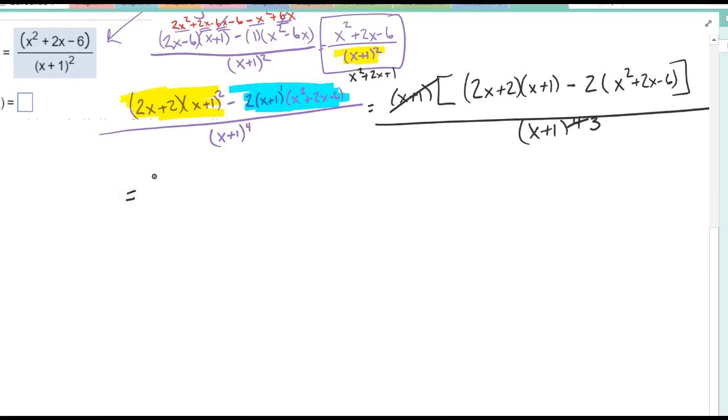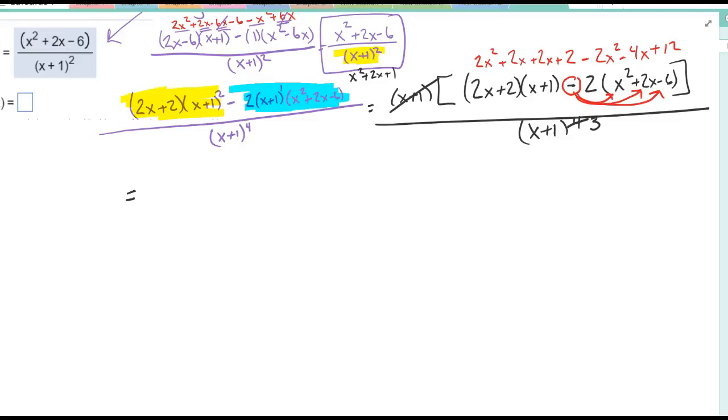So then expanding out some things, 2x squared plus 2x plus 2x plus 2 minus 2x squared minus 4x plus 12. So be careful that you want to make sure you distribute this negative to all three terms there.